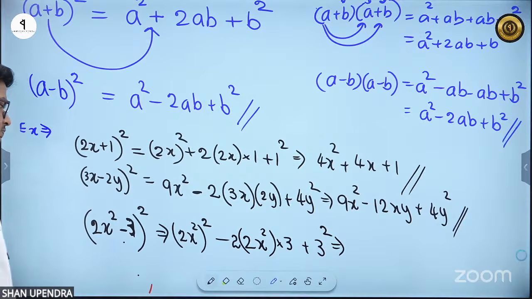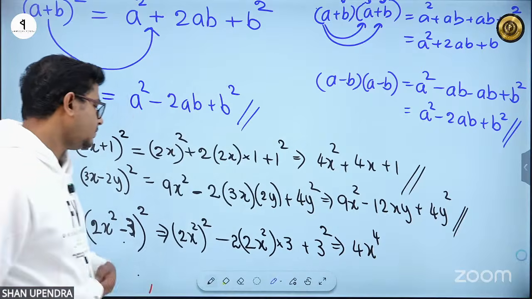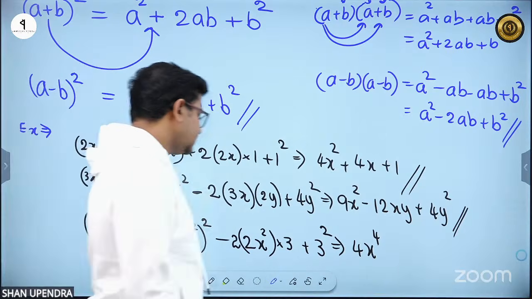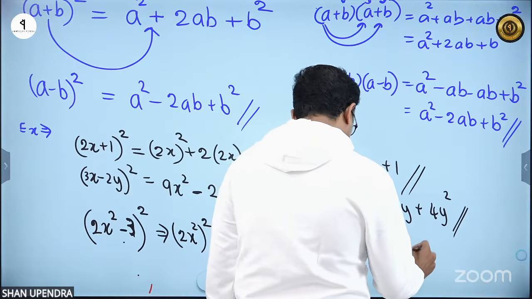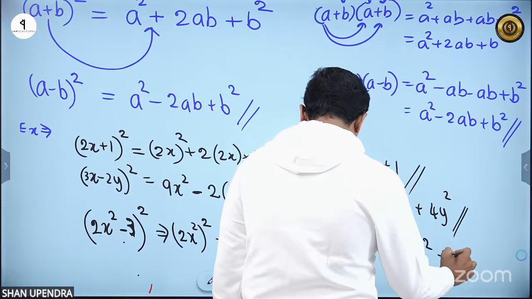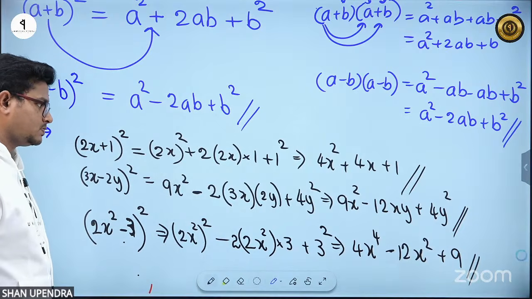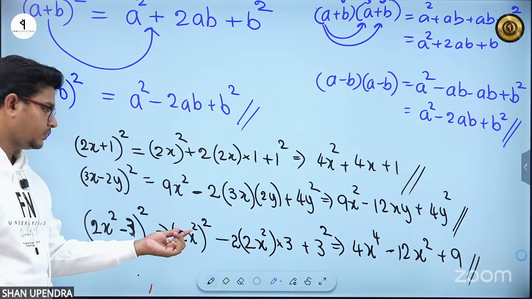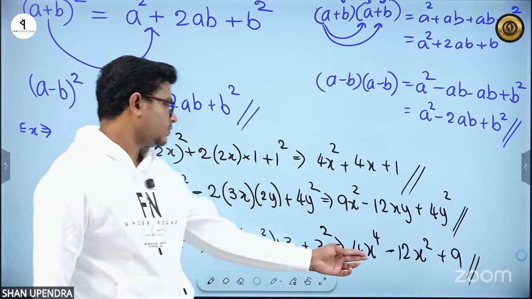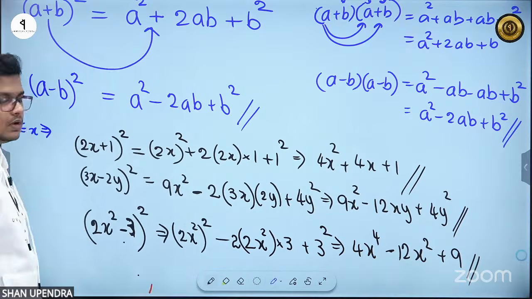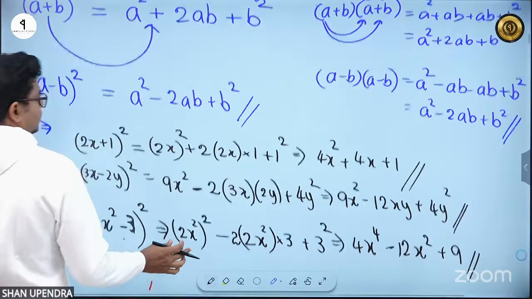So you can write now 4x to the power 4, x squared to the power 2 means 4, minus 12x squared plus 9. Yes, good. Then let's move on.